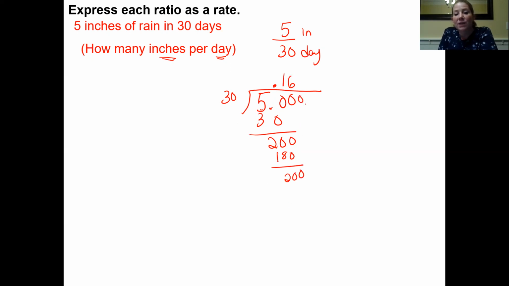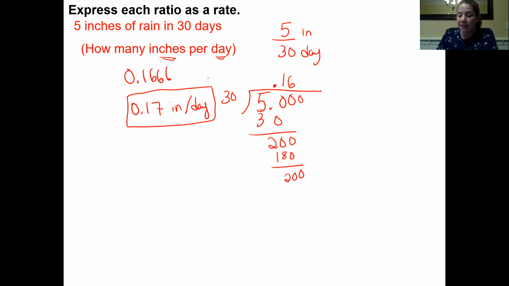And so this would go on and on forever. So it would be 0.166666. So we would round it to about 0.17 inches per day. All right, so you have to pay attention to the words. You have to divide the first word by the second word, okay?